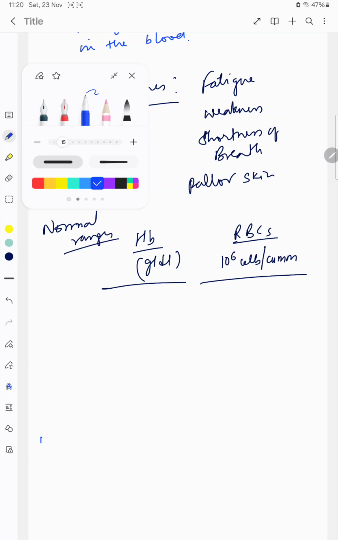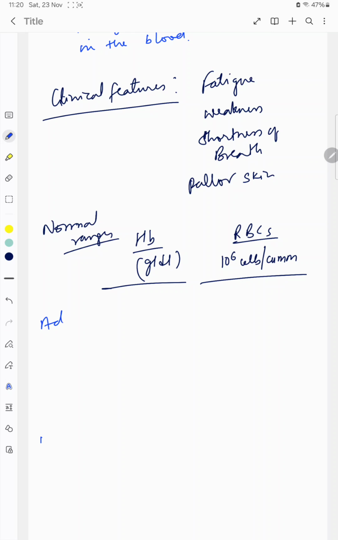So in adult male, normal hemoglobin range is from 13 to 17 gram per deciliter, and the normal RBC count is between 4.5 to 5.5 million cells per cubic mm.